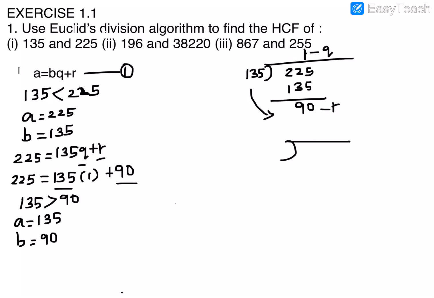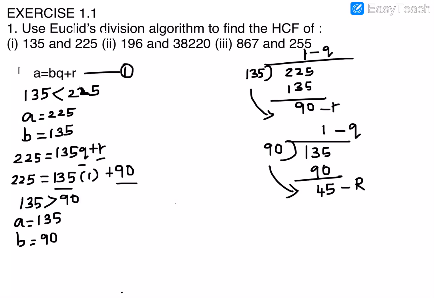Let's do the long division for these two. 135 inside as a dividend, 90 outside as a divisor. 1 into 90 is 90. Remainder is 45. So quotient is 1, remainder is 45. Here the remainder is less than our divisor, so we cannot continue the calculation. So the calculation stops here.